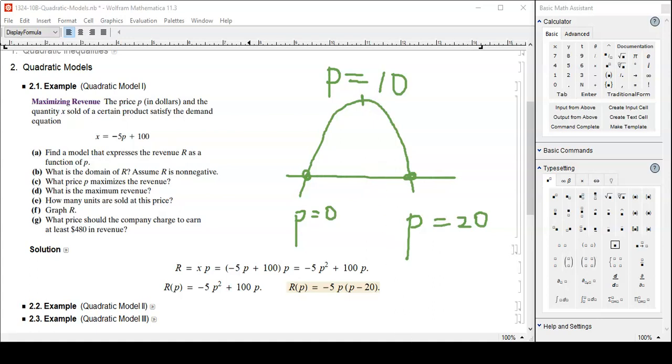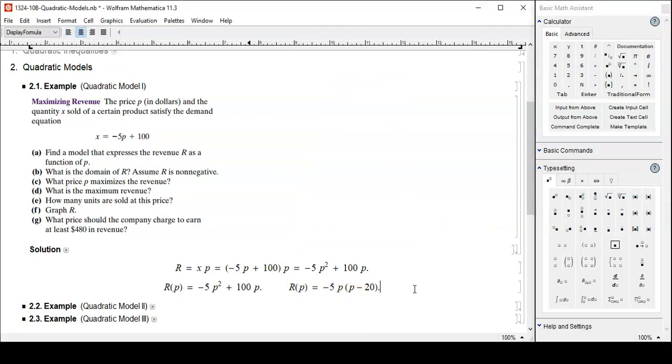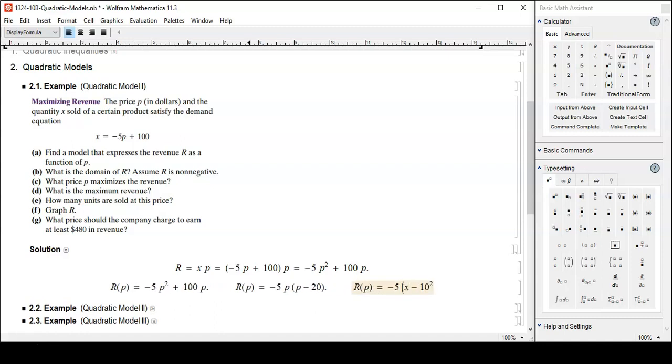Okay, let's get out of this drawing mode here so that we can continue typing. And what's next? The vertex form, negative 5 times P minus 10 squared, and we'll figure out K a bit later. And how did I see H is 10?